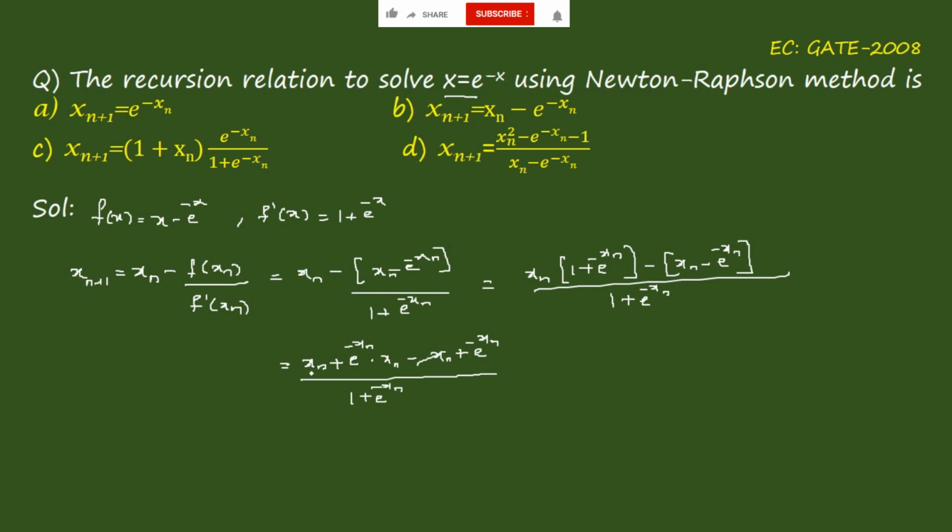Plus and minus get cancelled, so this is equal to (1 plus x of n) into e power minus x of n by 1 plus e power minus x of n. The option that satisfies this is option C. So the answer is option C.